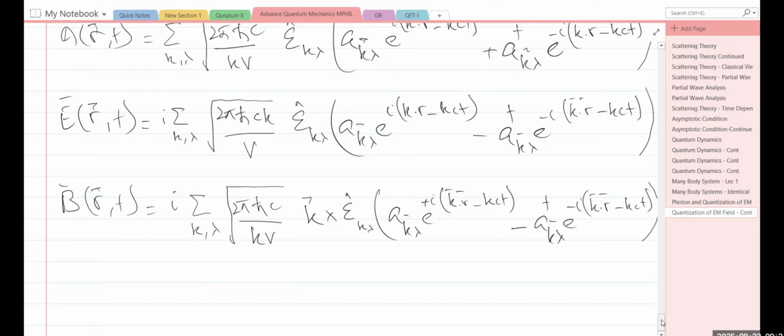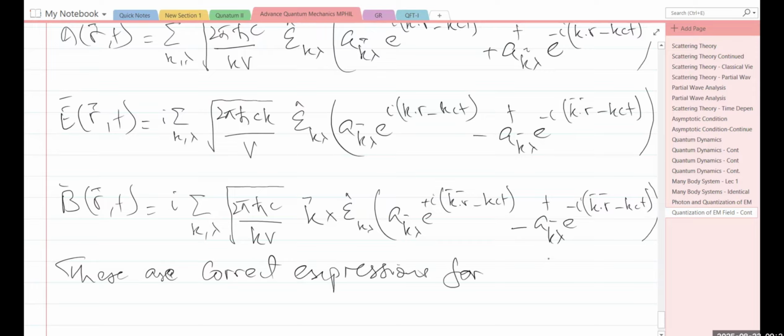You can use this treatment if you want to study something in quantum field theory or particle physics. So we could say these are the correct expressions for the quantized field.